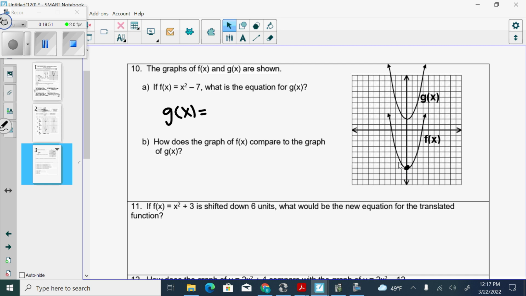Very good. Okay, so they ask, how does this compare to the graph for f of x? So what's the difference from f of x and g of x? How much of a difference is there?